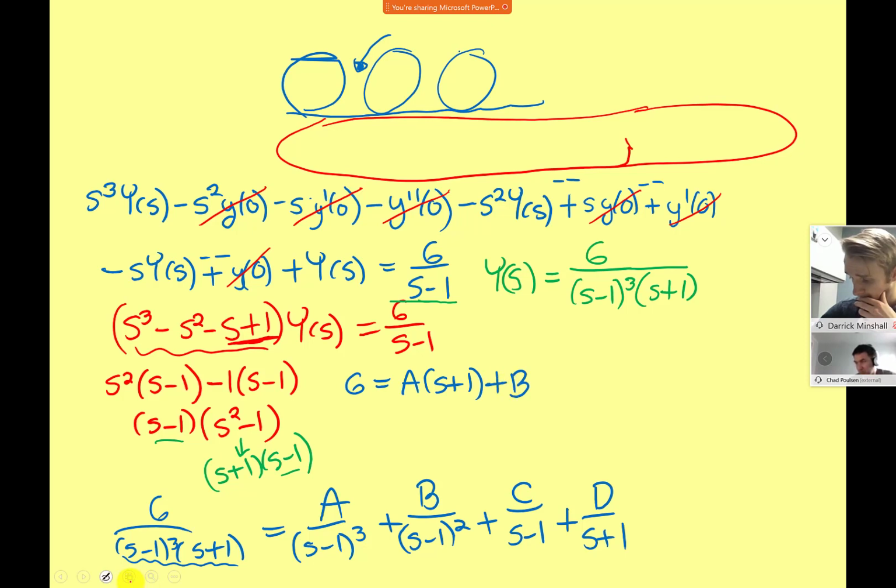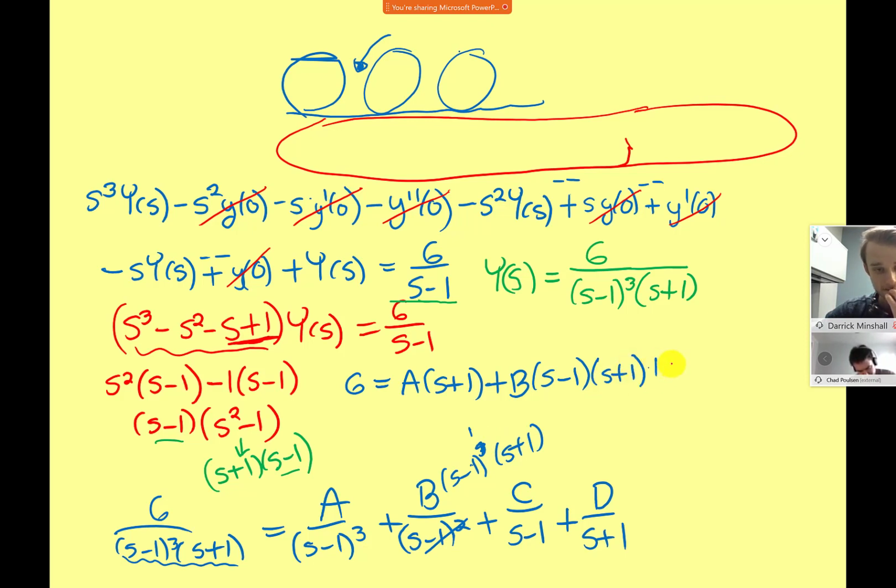Now what happens on the b, if you multiplied b by s minus 1 cubed and s plus 1, the squared will get rid of 2 of those, but it'll still leave one of them. So this is going to need an s minus 1. The cubed canceled with the bottom, so it left one of those and an s plus 1.